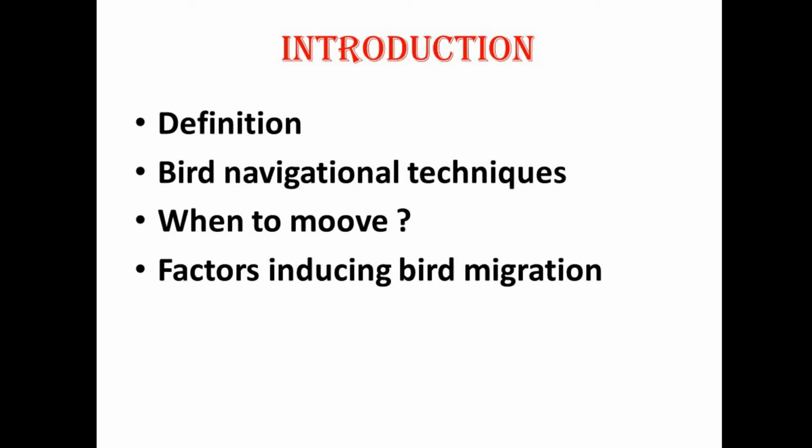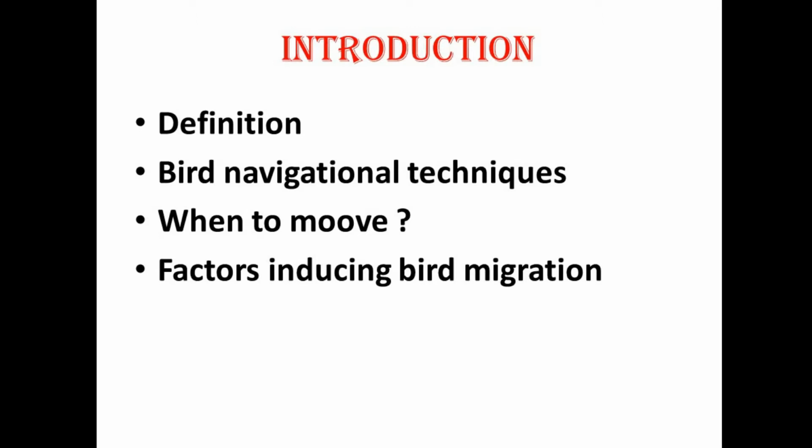Migration in birds is mostly the journey from the breeding place, that is home, to the feeding place or new home, and back to the breeding place. It is therefore a two-way journey from home to new home and back. The term migration is derived from the Latin term migra, meaning going from one place to another.